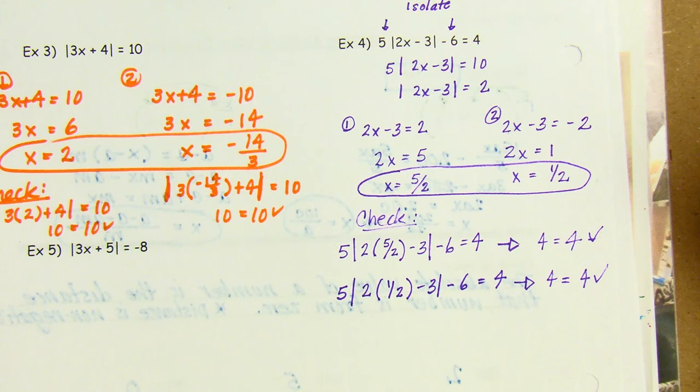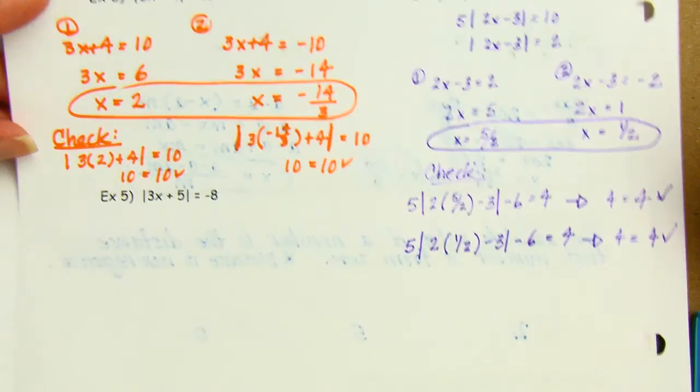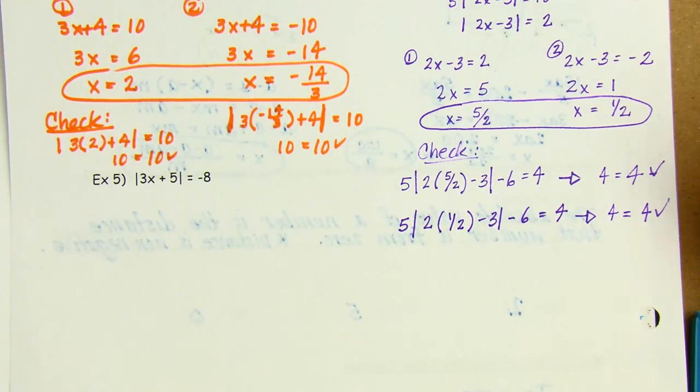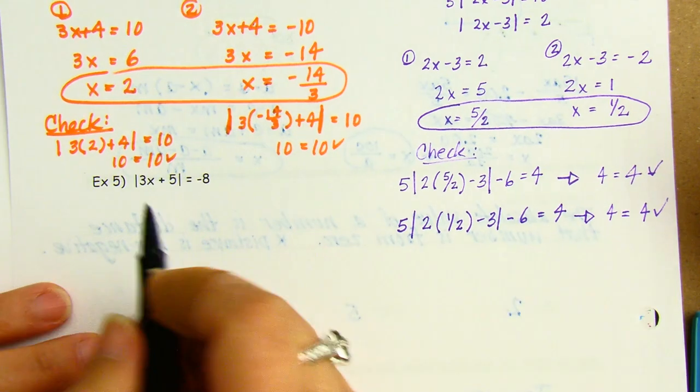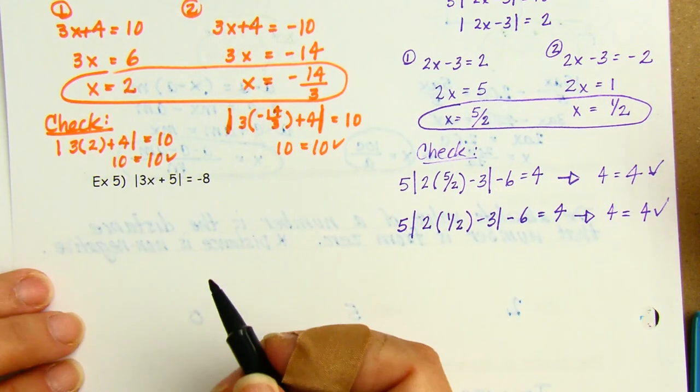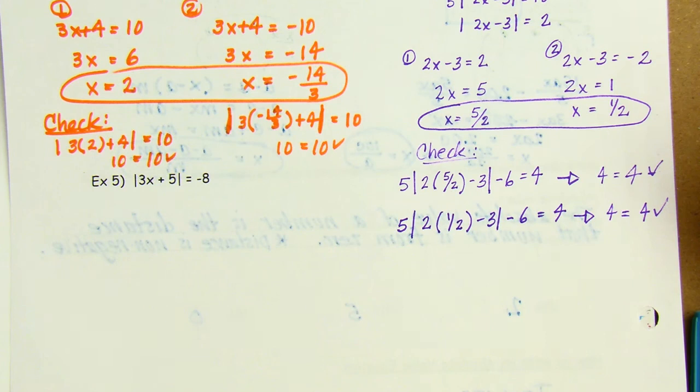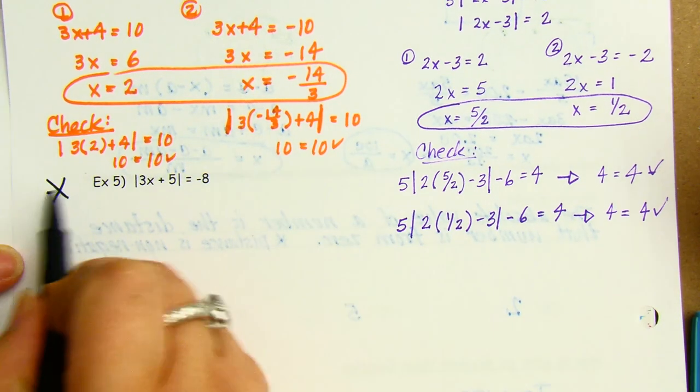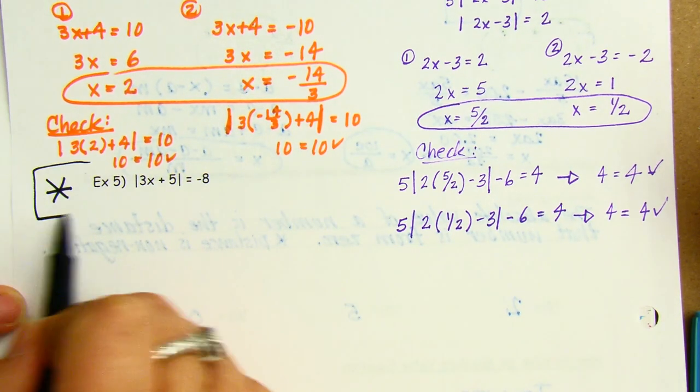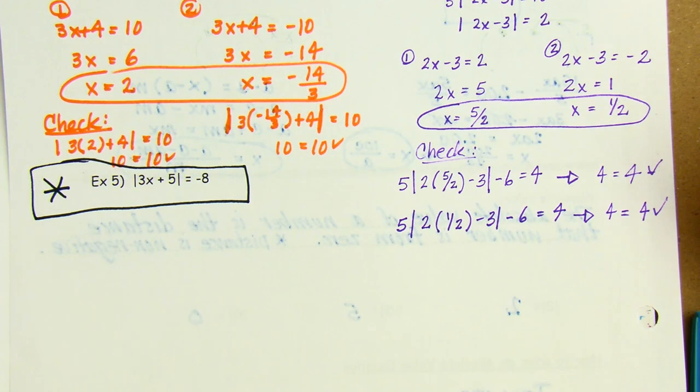One last problem to do, that's example 5. So I see that my bars are already isolated, but I have a problem. Do you see a problem with this problem?